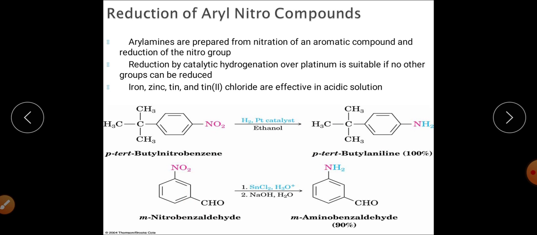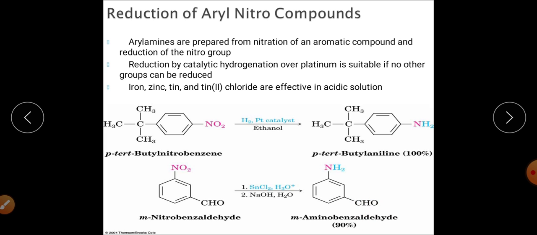In the second reaction you can see that here you are having a nitro group and here you are having a CHO group. So it is a case of meta-nitrobenzaldehyde, and when this is allowed to undergo the reduction reaction, the reduction will particularly take place at NO2. NO2 will get reduced to NH2 and CHO will be intact.